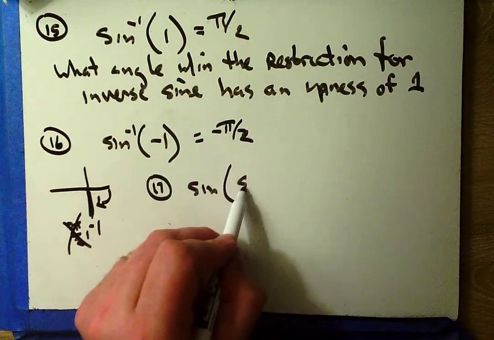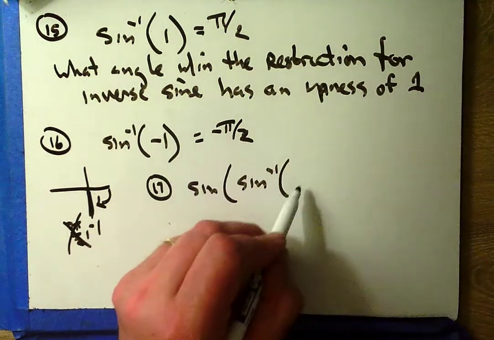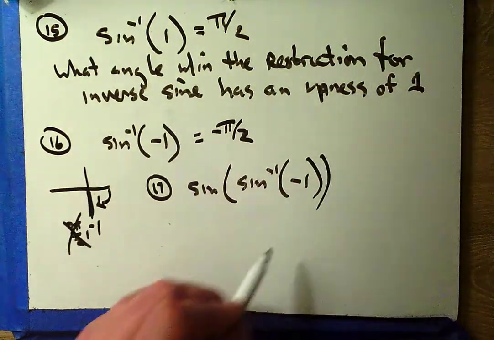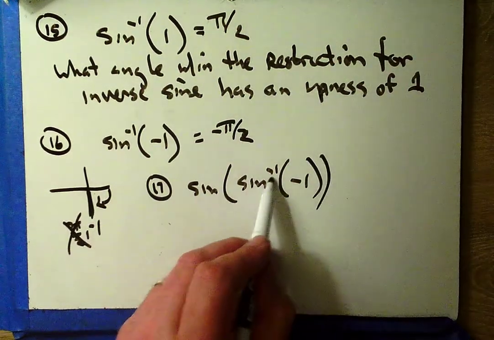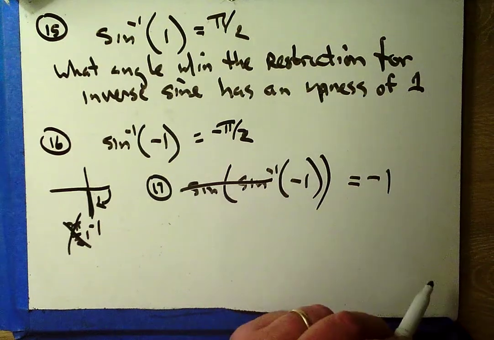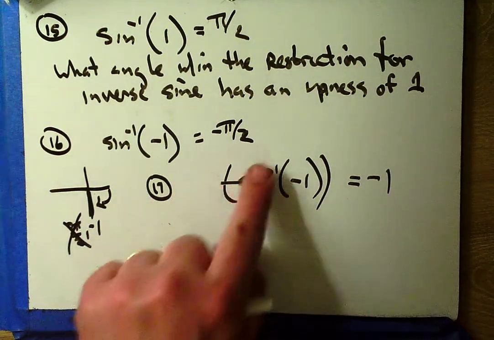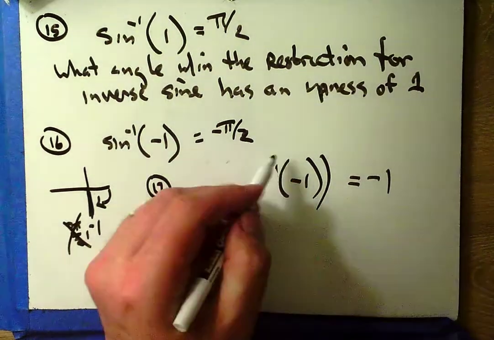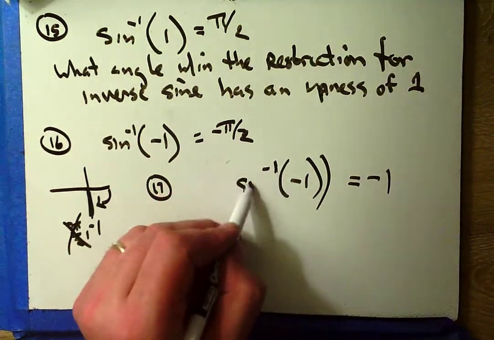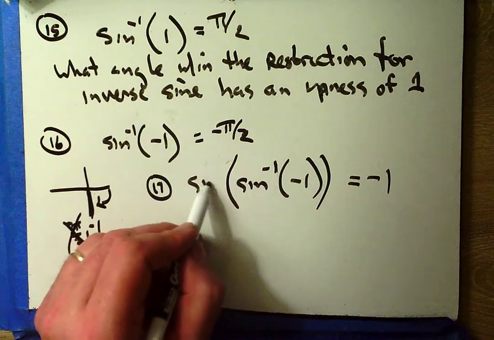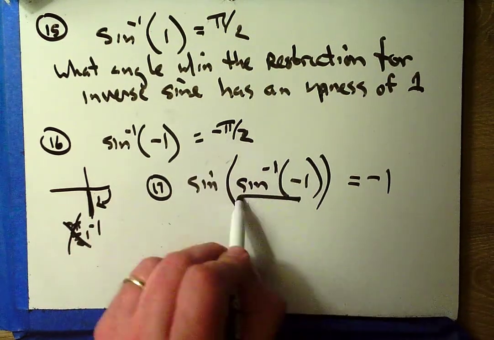Okay? 17. Sine of sine inverse of negative 1. Well, many students want to just cancel these out and claim this is negative 1. And sometimes that works, and we saw in class that sometimes that doesn't work. So just in case you're not sure about when that works and when that doesn't, I'm actually going to go the long way.